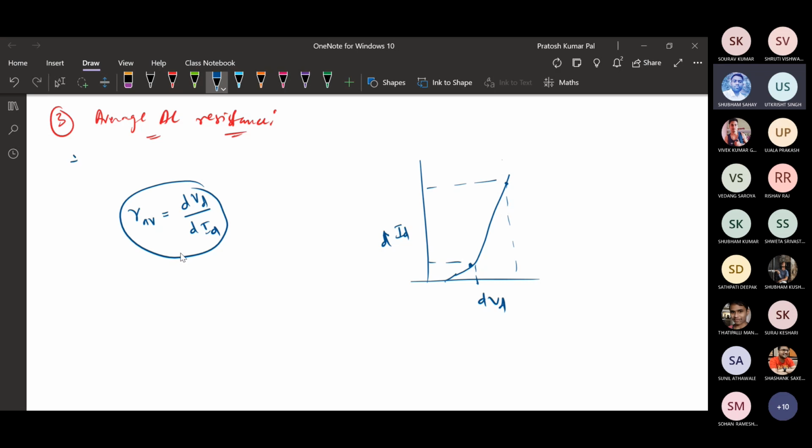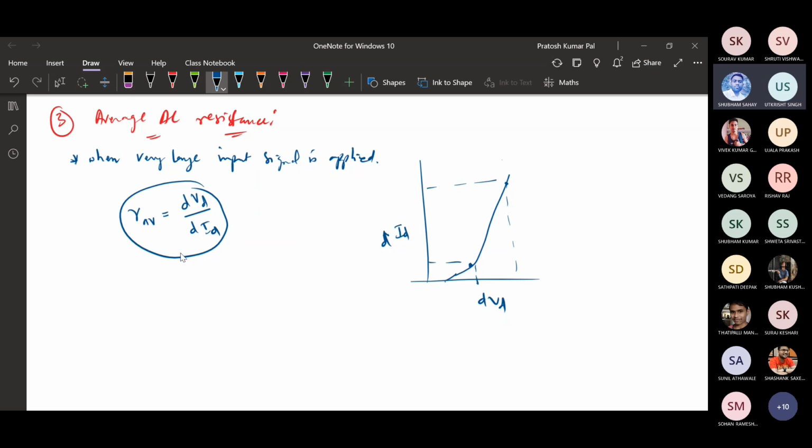So this will be done when whatever input signal we are applying is very high, such that it is going to produce a broad swing in the output.